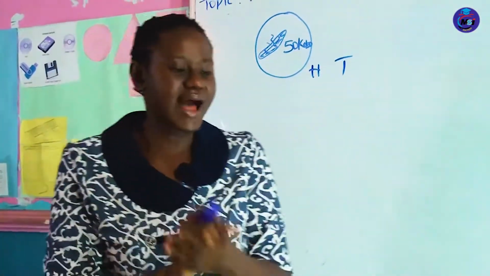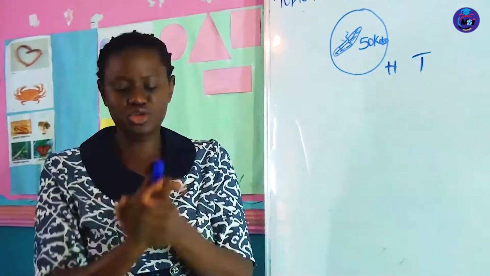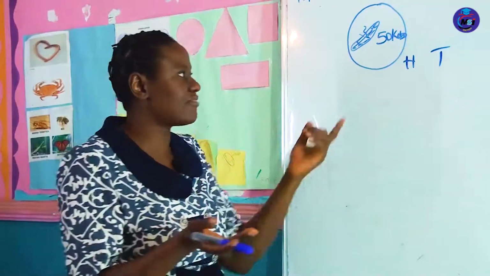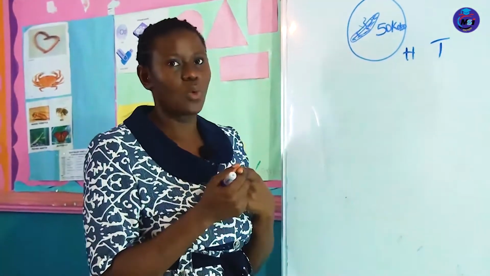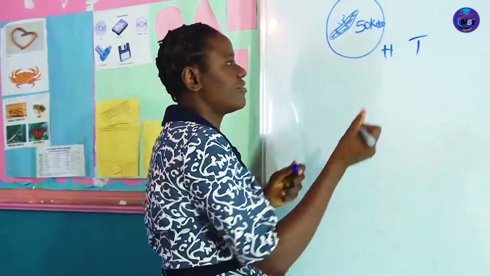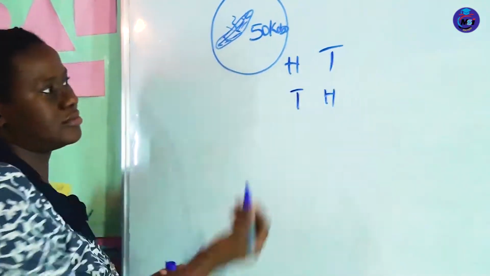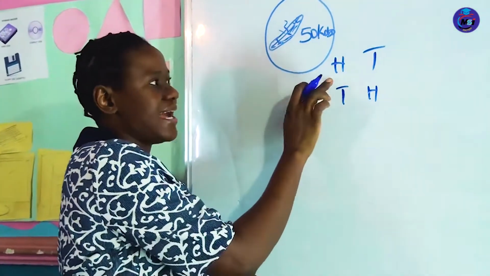Now, if I have two coins and I throw them on the table, by the time I look at them, I could have a head or a tail. In one toss, I could have a tail and a head. I could also have a head coming first.